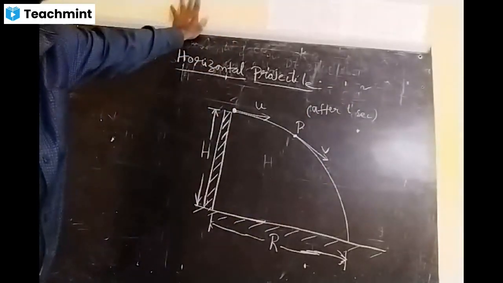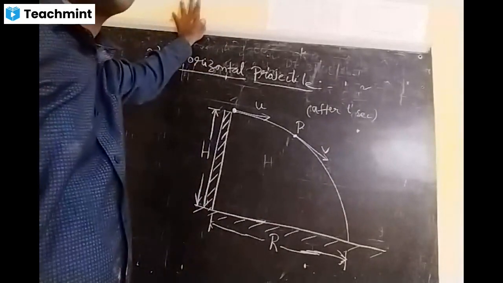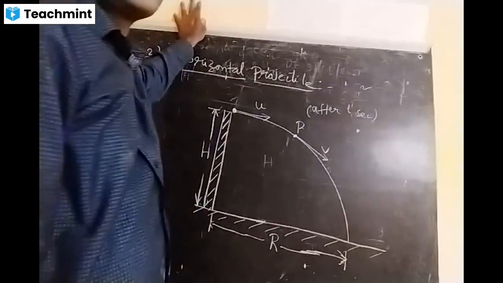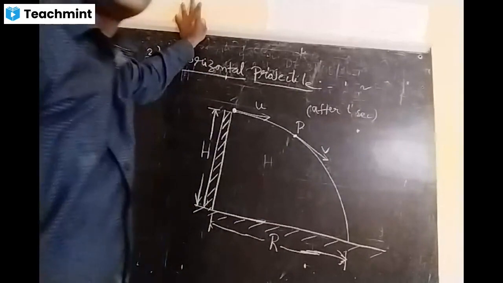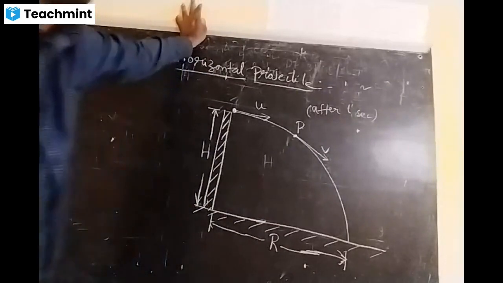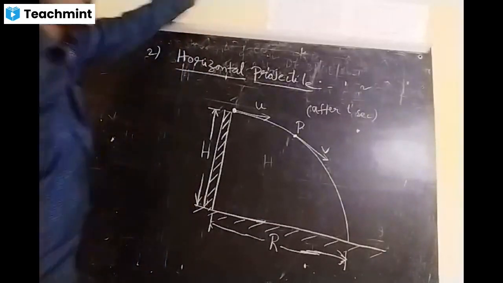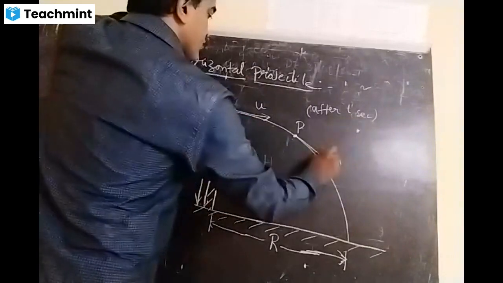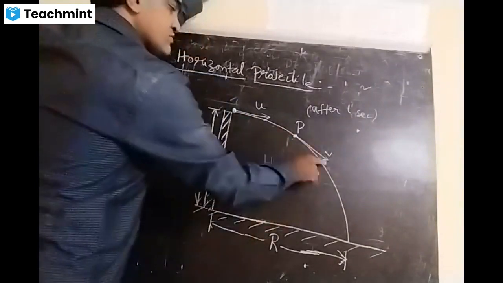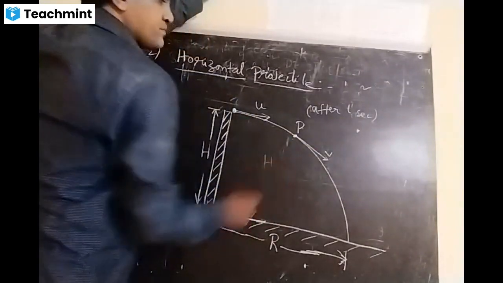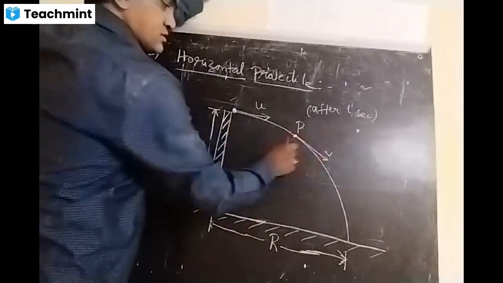The tangent to the curve gives the direction of velocity. So v is the final velocity.